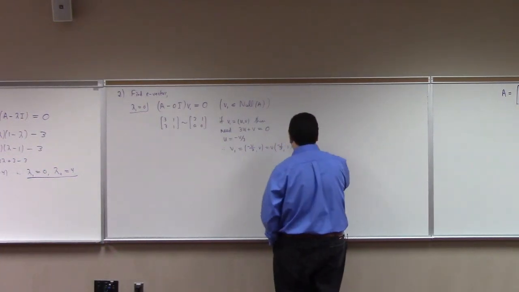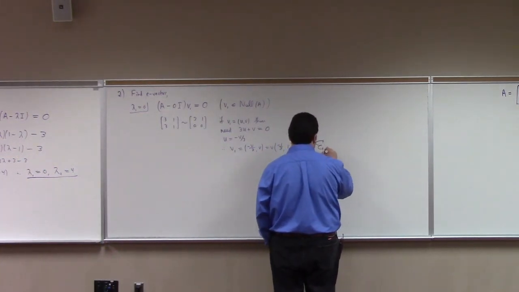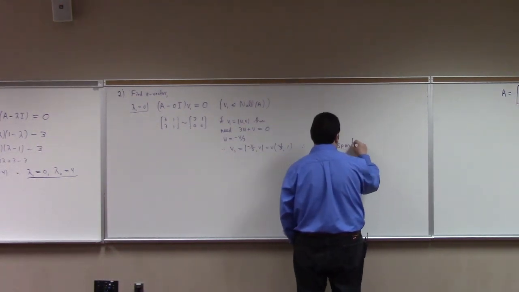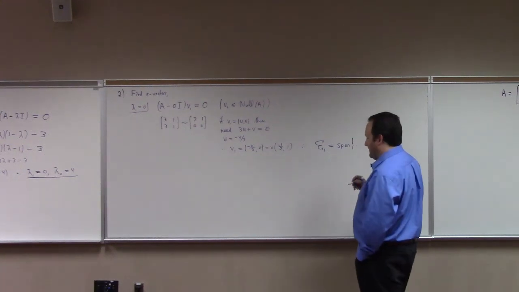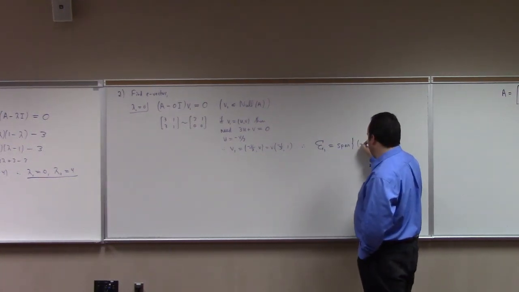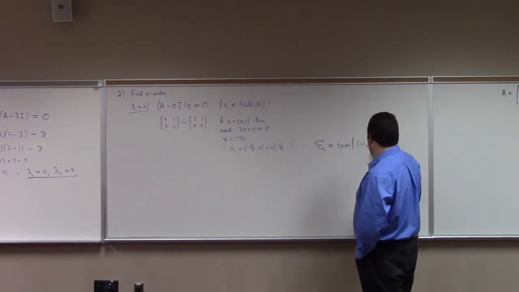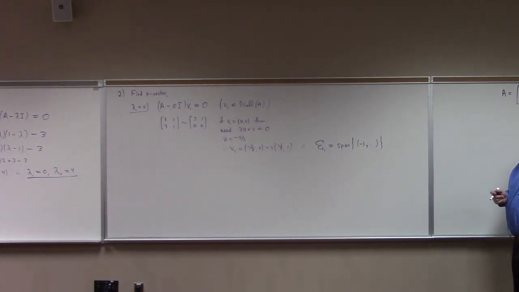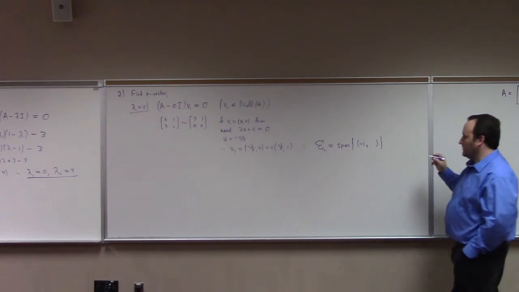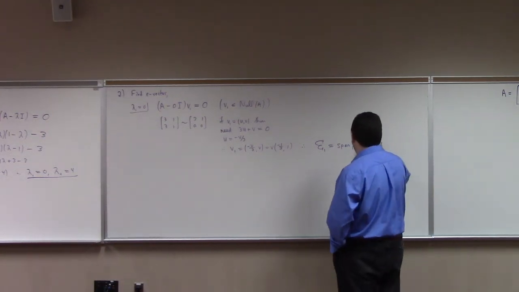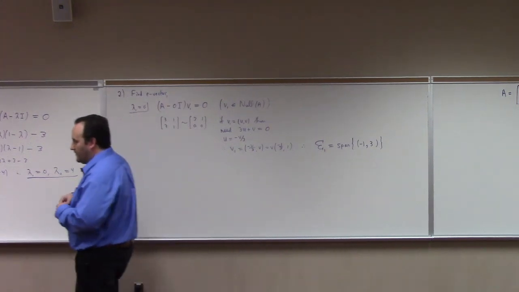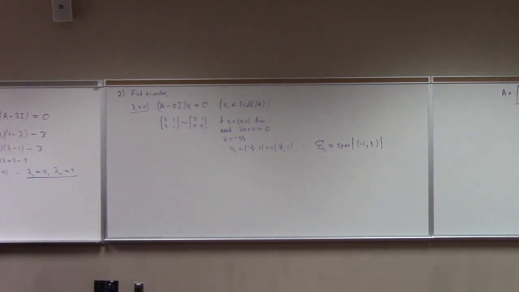But to make things prettier, I would say the eigenspace E1 is just the span of what? If we hate fractions, what would be a better choice here? How about (minus 1, what)? Oh, 3. Okay, yeah. And so what you're looking at in the curly brackets is a basis for the 0 eigenspace, right?